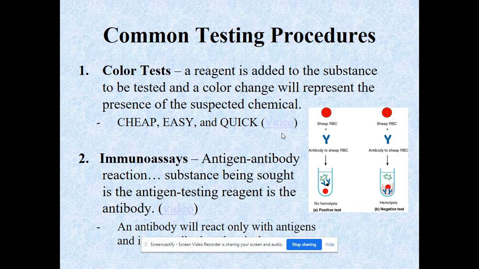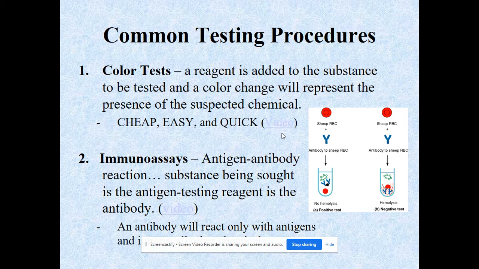Because sometimes they can give a false positive or a false negative, they need to be backed up with additional testing if there is suspicion that a particular toxin is there, which is what we're going to talk about in a few minutes. So they are presumptive, meaning it's not a definitive answer by itself.